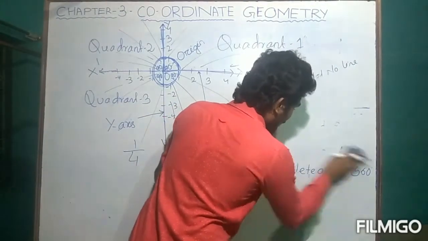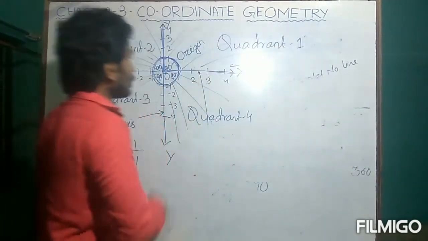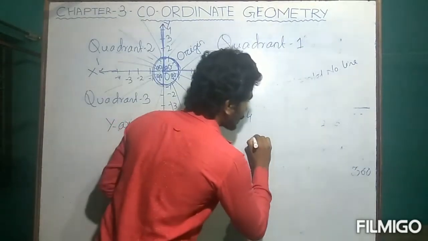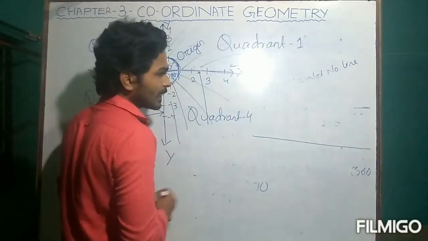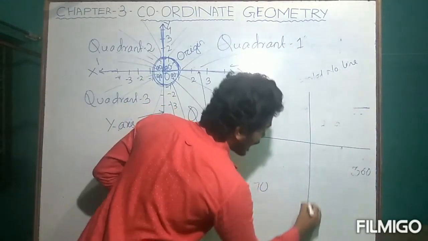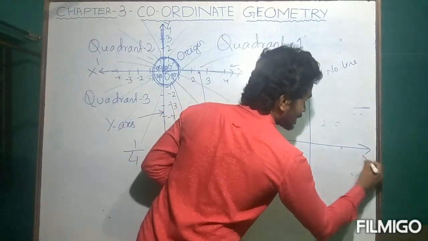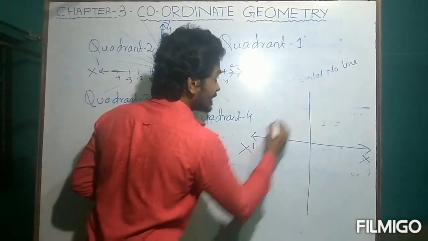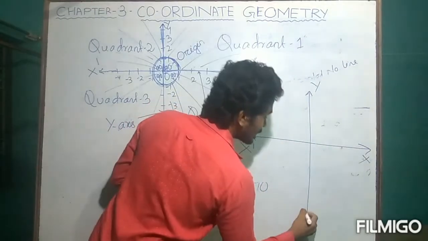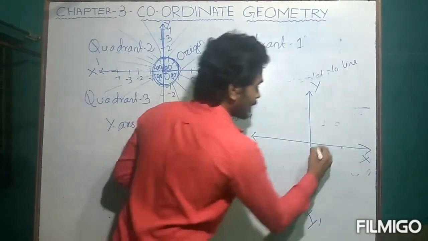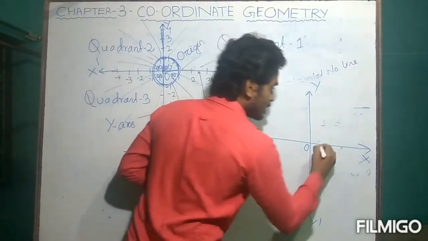I am drawing a clear diagram of this coordinate geometry. Suppose this is the x-axis and this is the y-axis. This terminal is x, this is x dash, this is y, this is y dash, and this is the origin 0.